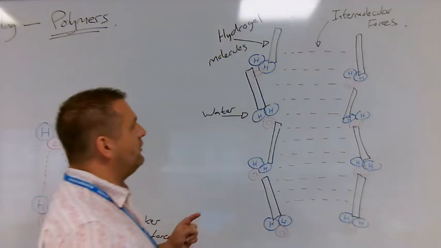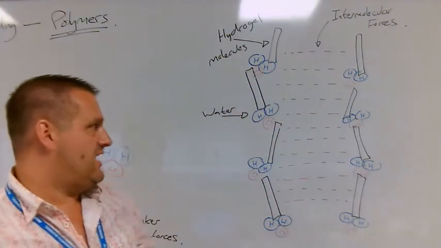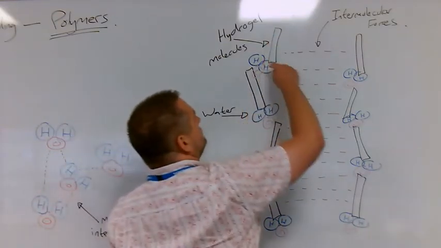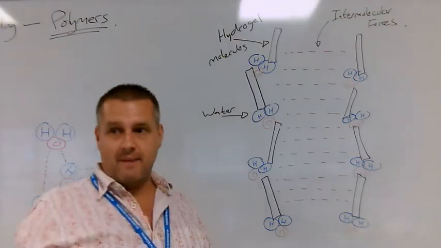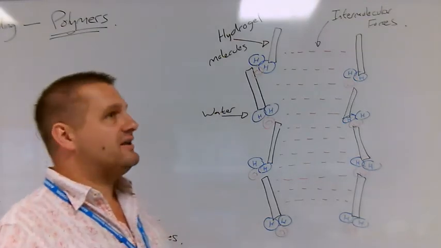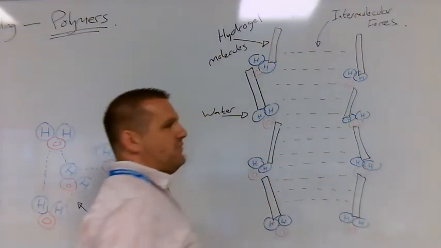Over here I've got a representation of what might have been happening in that gel. My rectangular drawings here represent the chemical that was in the nappies. It's called a hydrogel, so that's a polymer molecule. What happens when you put it with the water?